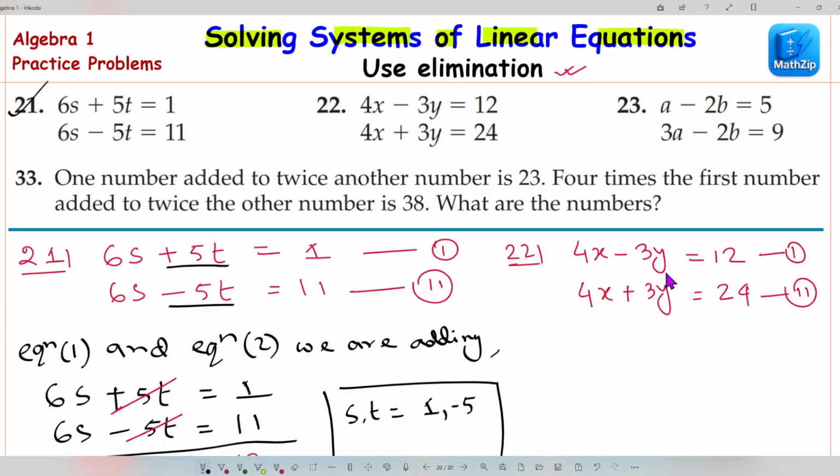So look, here the y coefficient is minus 3 and here the coefficient is plus 3. So this term we can eliminate. So we can write equation 1 and 2, add, right?